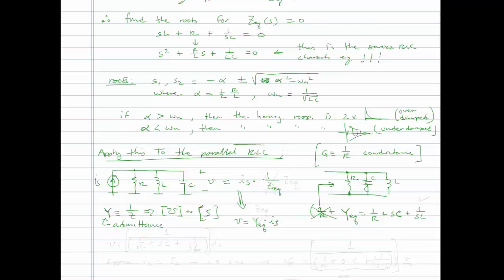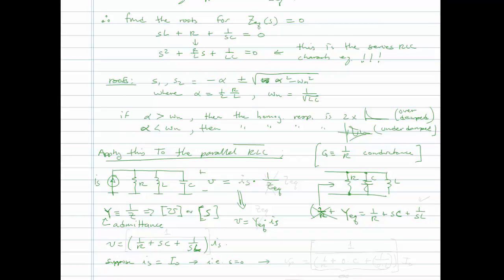That's just like saying V equals GI. So we have V equal to 1 over R plus SC plus 1 over SL, times IS. Now, if we want to find the complete solution, suppose IS is just some constant. That means S is equal to 0, e to the 0t.